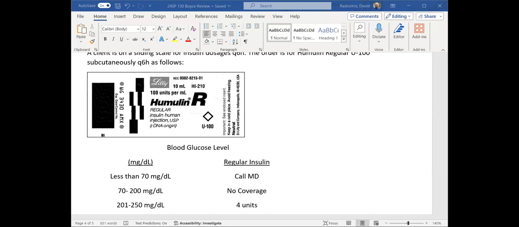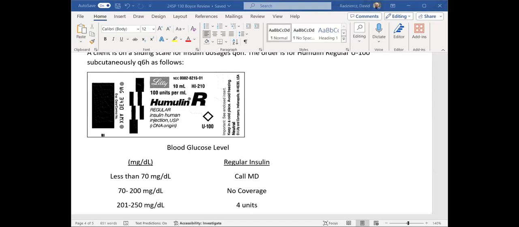Because next year you'll get insulin infusions, which is a little bit more challenging. But let me just see if I have any adding insulin questions. Yeah, I don't have any examples of mixing insulin.